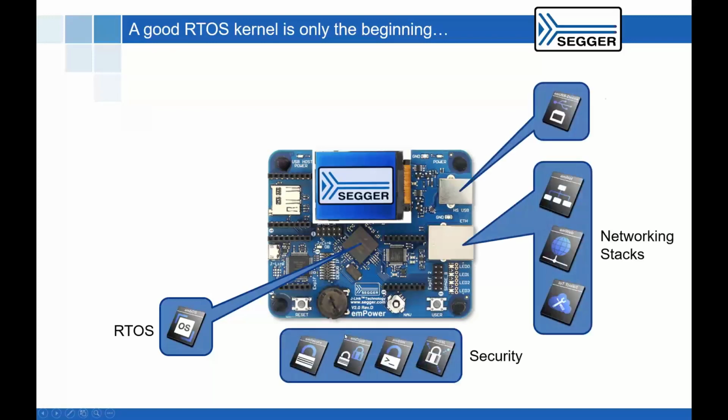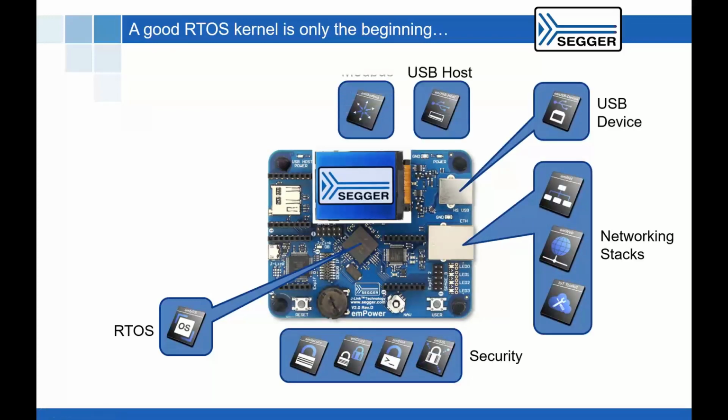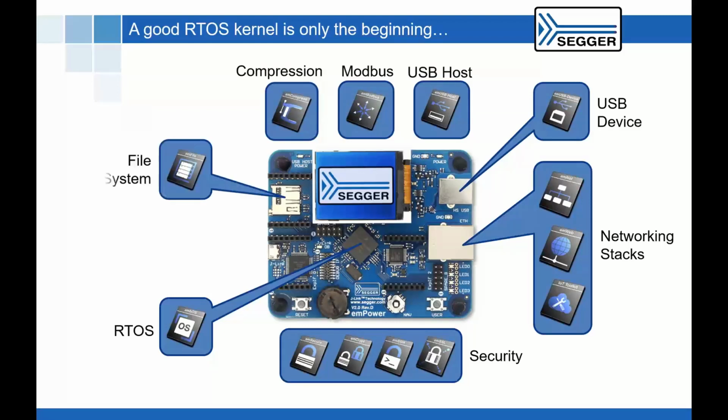our embPortOS comes in, because that's pretty much the all-in-one solution that makes use of all of the other middleware components that I showed you earlier: the USB stacks, the networking stacks, compression, file system, security, and all that.